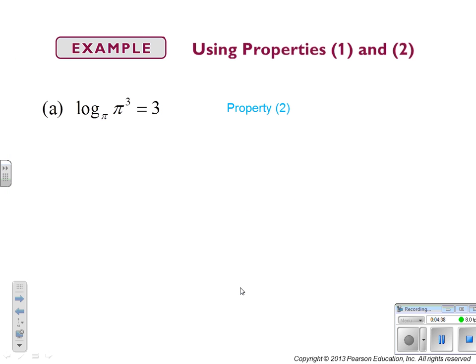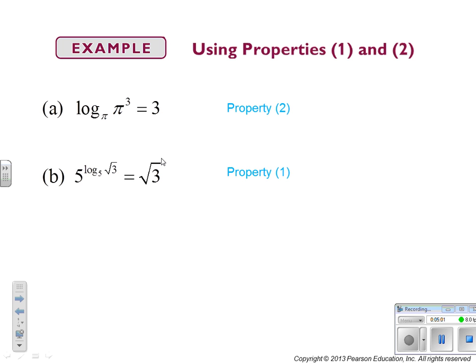So let me show you how this works. If I have log base pi of pi to the cubed equals 3, so if you take pi to the 3 and take the log base pi of it, you get out just the 3.